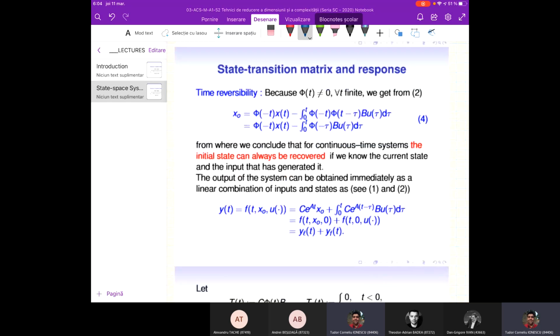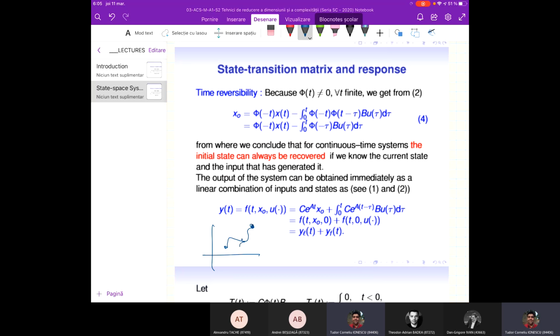State transition matrix and response. We also have a so-called time reversibility, which is peculiar to linear systems, in the sense that if you can compute a state from the initial condition, you can always recover the initial condition from any state. So if you have a trajectory, this is the initial condition, and you can compute the trajectory to get to this final point.